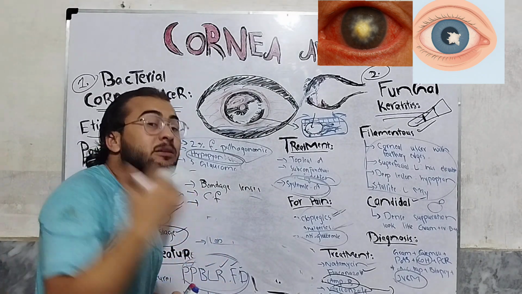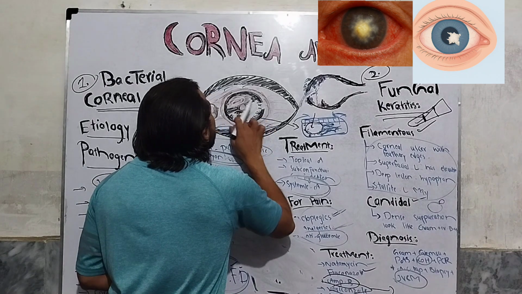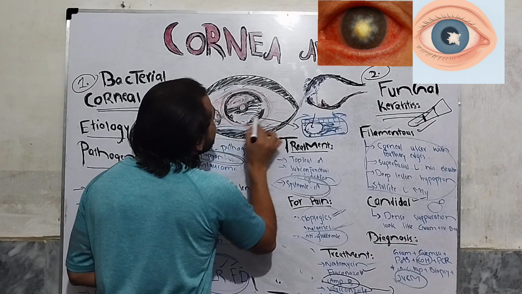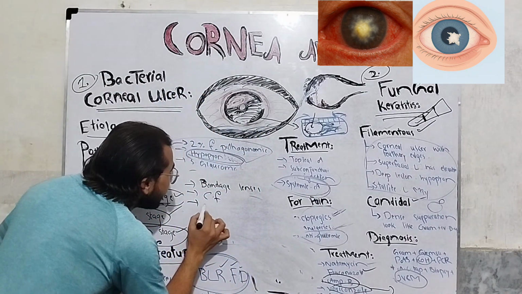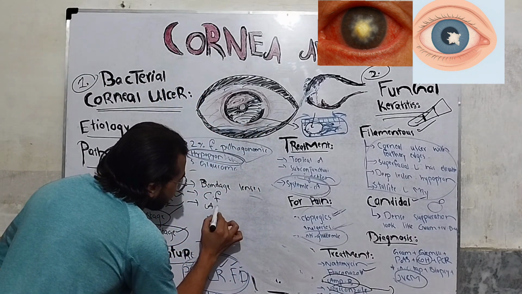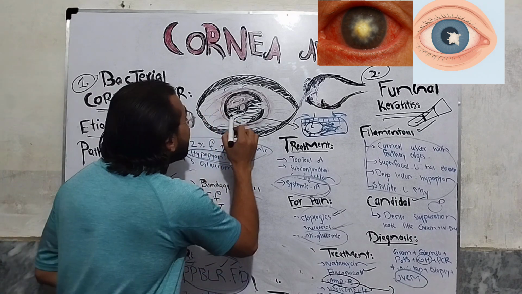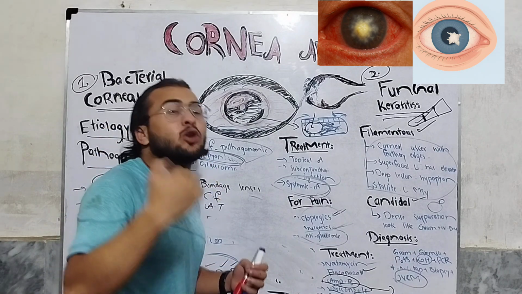We know that amniotic membrane has growth factors and has stem cells, so it will regenerate this defective epithelium. Okay, we can do amniotic membrane transplantation. We can also use growth factors.